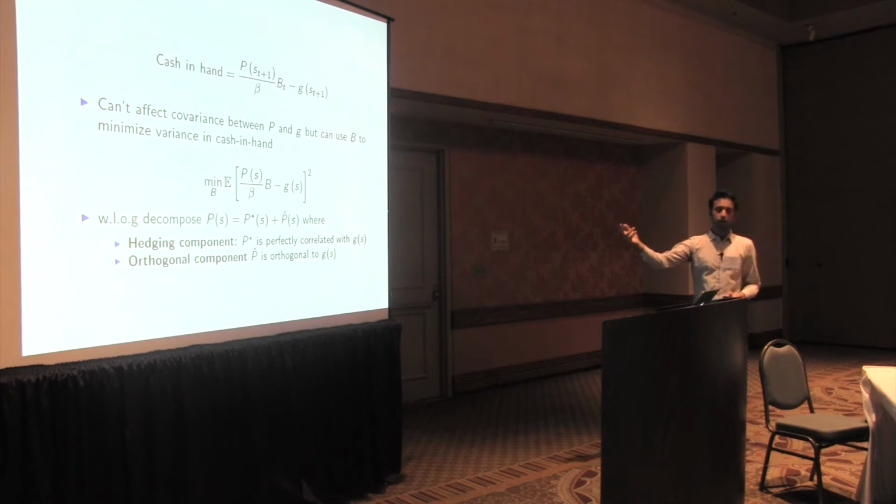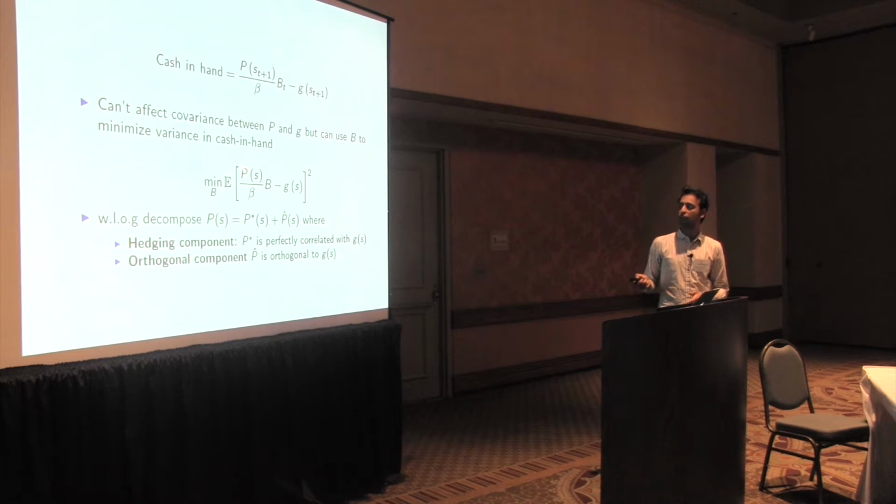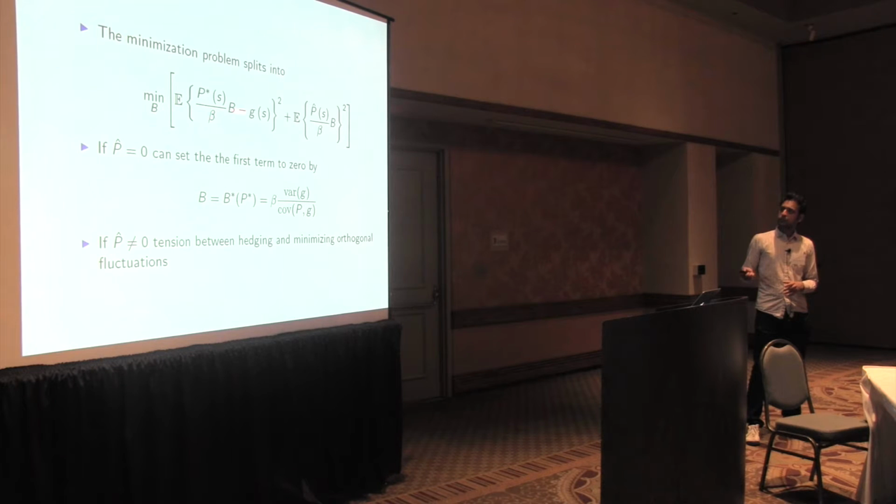So this is a least squares problem, and without loss of generality we can always decompose this payoff vector into two parts: one part which is perfectly correlated with G of S, and a part which is orthogonal to G of S. That will give us two terms.